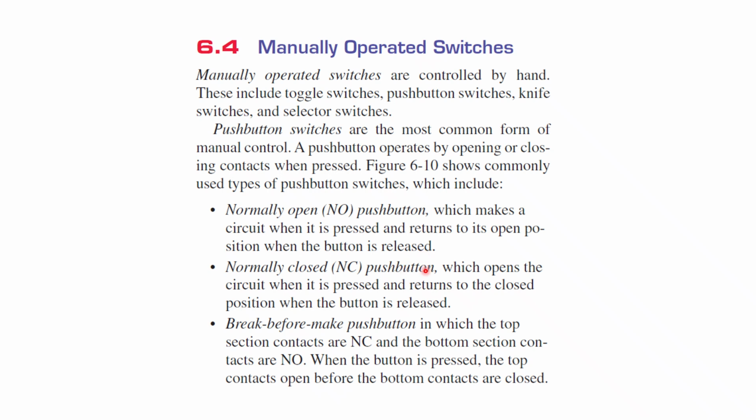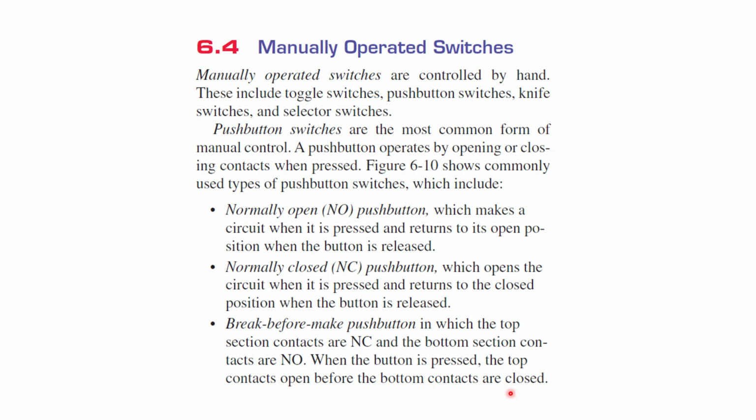A normally closed switch opens the circuit when it is pressed and returns to the closed position when the button is released. Another one is the break make push button switch. It has a top section whose contacts are normally closed and a bottom section whose contacts are normally open. When the button is pressed, the top contacts open before the bottom contacts are closed.